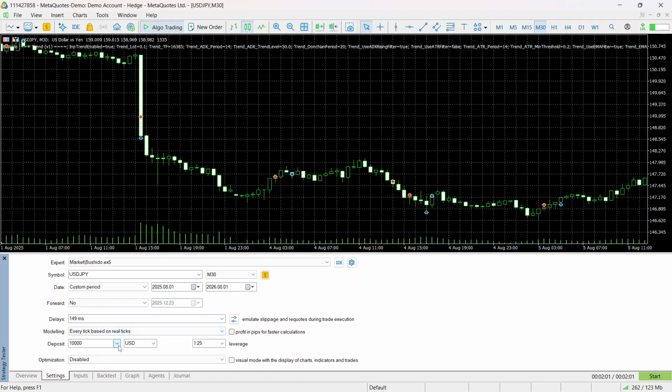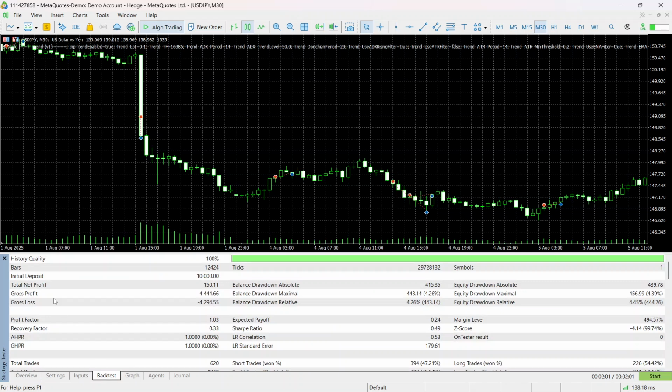A $10K starting deposit, 1 to 25 leverage as they recommend, and my backtest results show the 150 net profit, down from gross profit of 4,444 or 4,445 approximately, and the gross loss of 4,295.